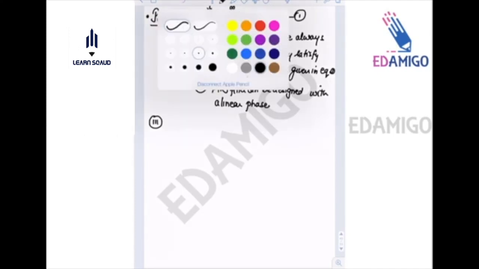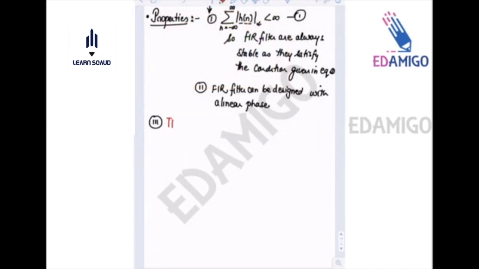Now as we know that an IIR filter always has a pole. So let us take H(z) of an IIR filter as H_IIR(z). Let us take a simple example, A upon 1 minus B z inverse. So we will say Y(z) upon X(z) is equal to A upon 1 minus B z inverse.